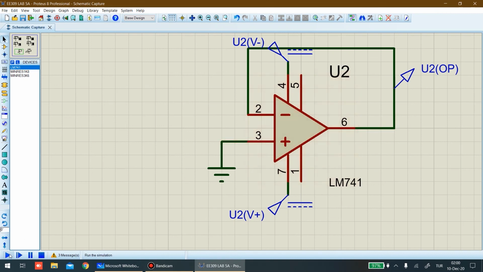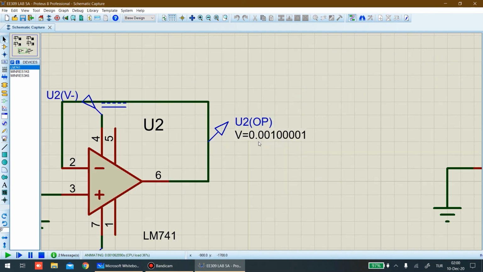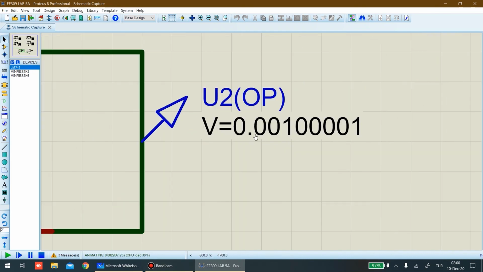However, we see 0.001 volt at the output. This is the offset, and the ambient temperature affects the offset voltage.